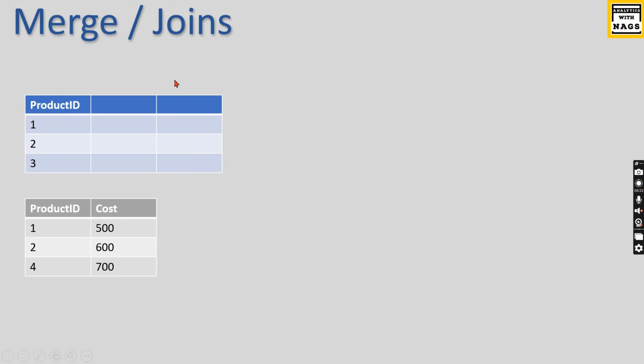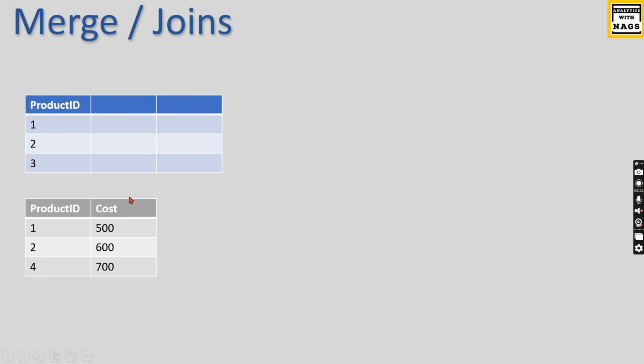Let's try to see it in action in the table example. So now you have a table like product, and the product cost is available in another table, and you can note that there are two common products across the two tables, that is 1 and 2, and one extra piece of information available in table A, and one extra, that is product ID 4, exists in table B, that is product cost.